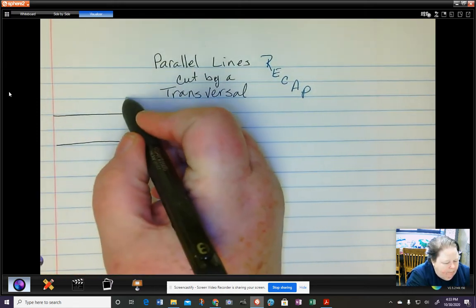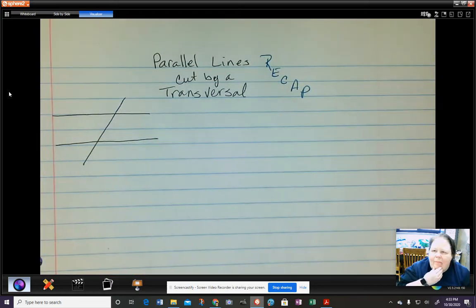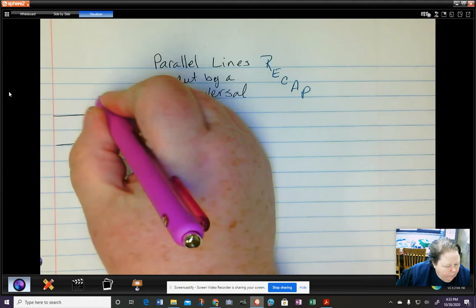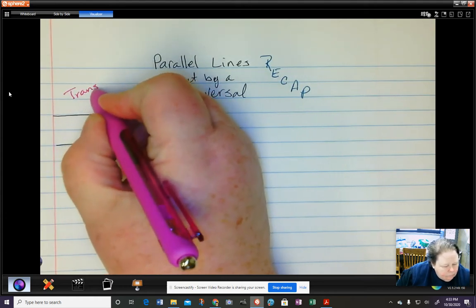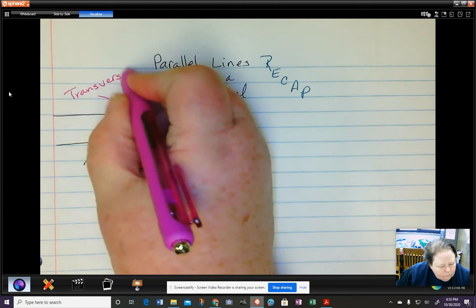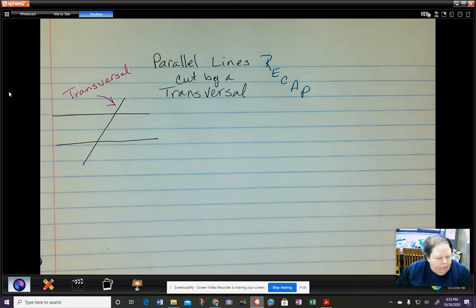So when we have a pair of parallel lines cut by a transversal, this doodad right here is your transversal. And of course, the other two are your parallel lines.